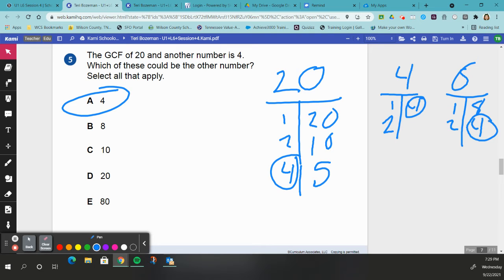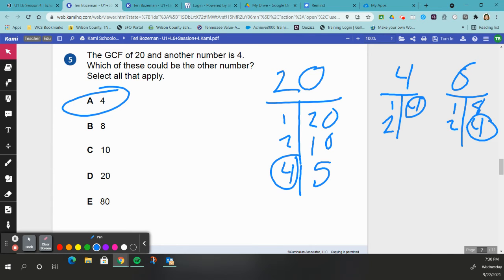4 is a factor of 20, but it has to be 20 and another number. 4 is a factor of 80, but I have a feeling if we did our list, we would find that 4 is not the greatest common factor between 20 and 80. In fact, 20 itself would be a factor of 80 because 20 times 4 is 80.